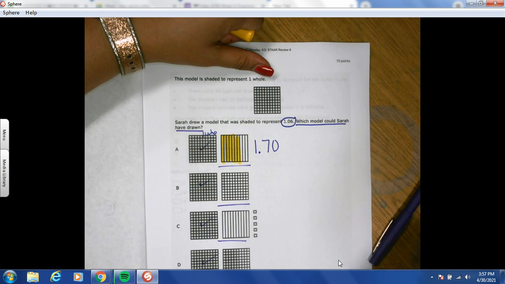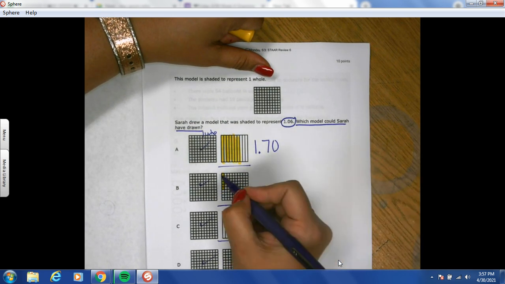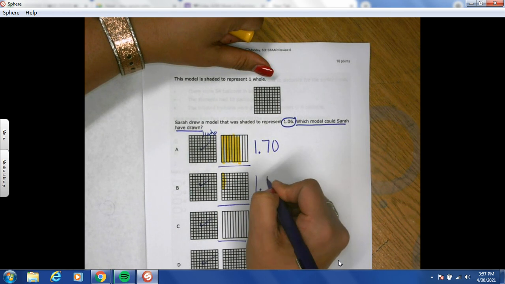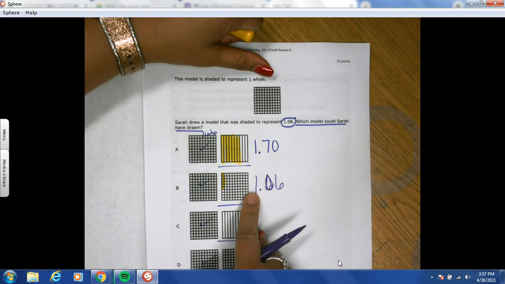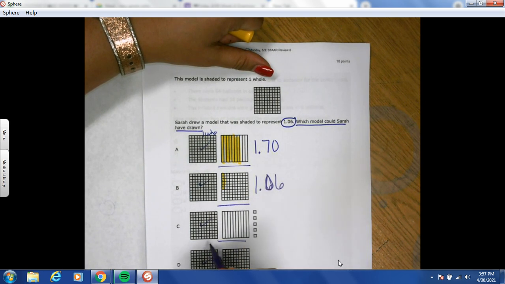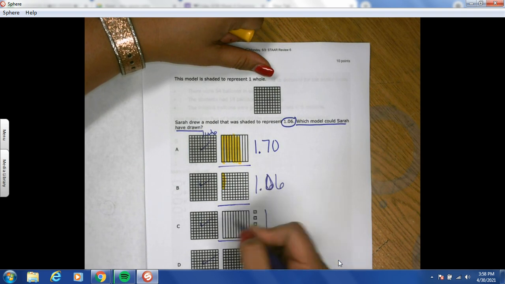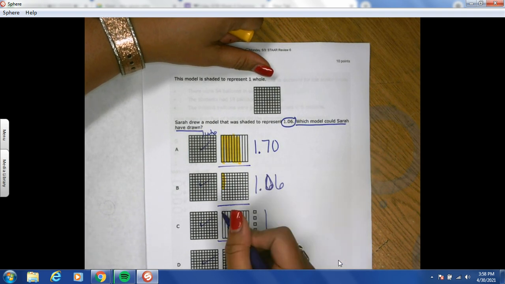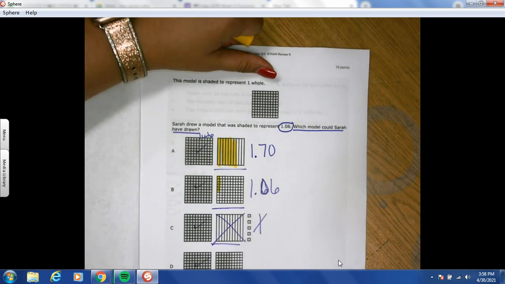This one shows me 1 and 1, 2, 3, 4, 5, 6. 1 and 6 hundredths. Why? Because it's cut into 100. This one shows me 1 and some weird looking, this doesn't even belong there, so that's confusing. That's out.